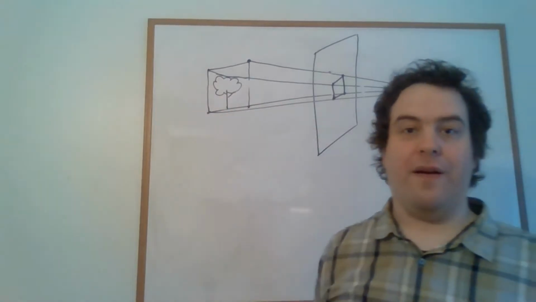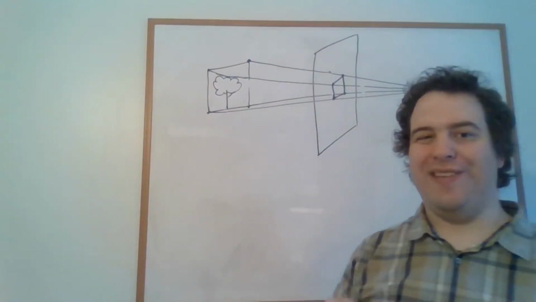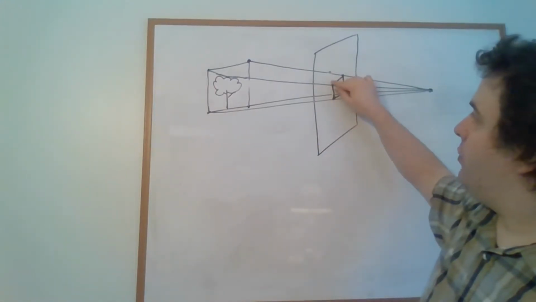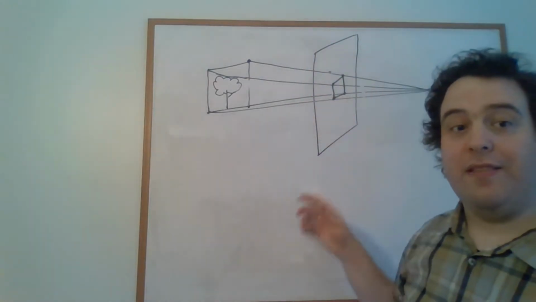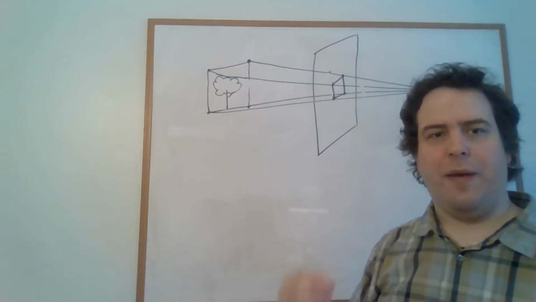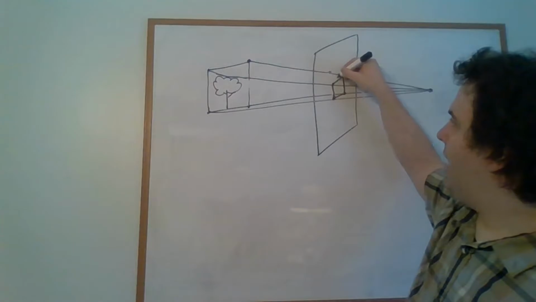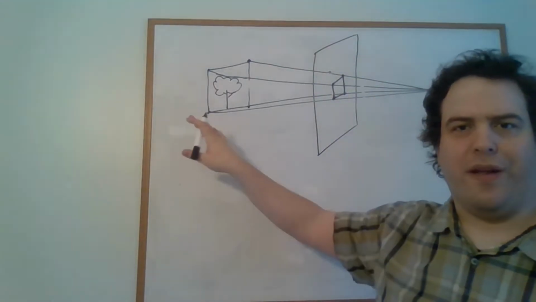So here we have our image of the tree, and what we actually want to do is kind of like ray tracing. We want to go through pixel by pixel. Remember that this plane here represents the screen of our computer, and we want to go pixel by pixel, just for the pixels that represent the square while we're working on the square.